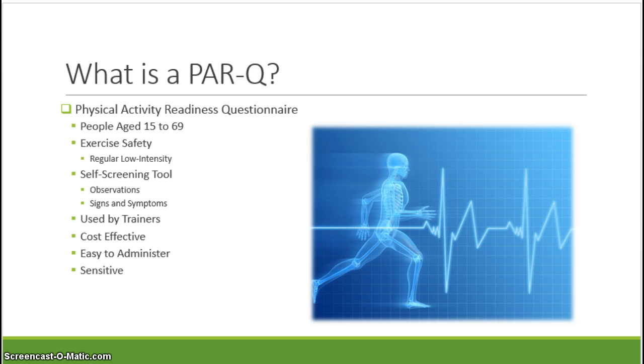This screening tool will help you identify some potential risks your client may be at for either coronary artery disease or some other thing. This is used by trainers. It's very cost effective and easy to administer.